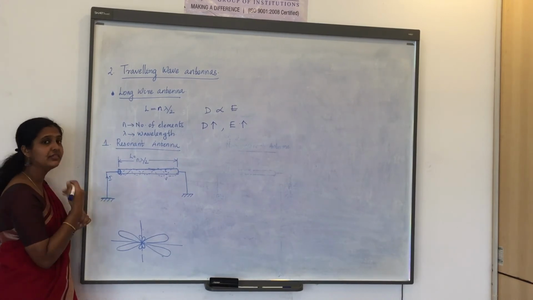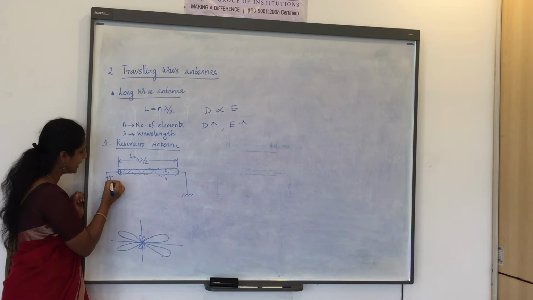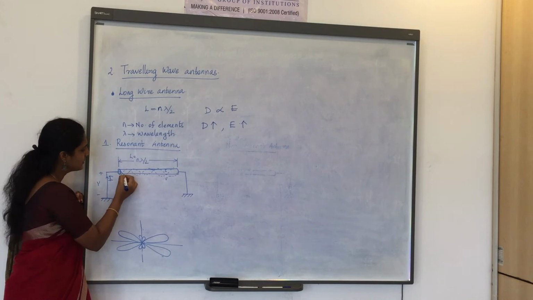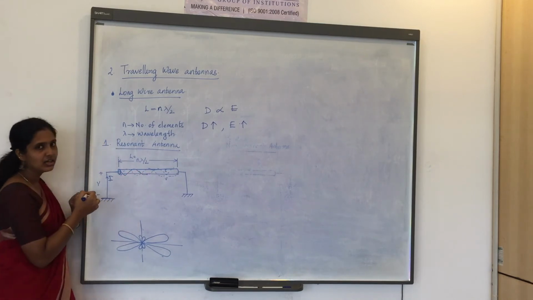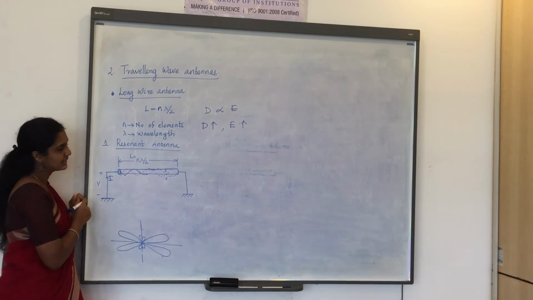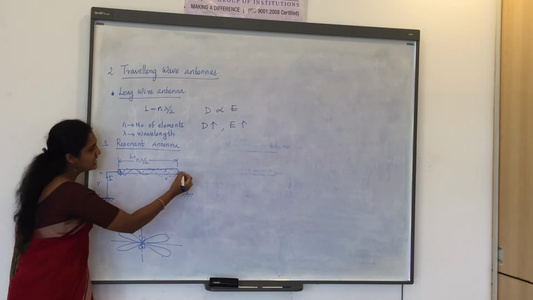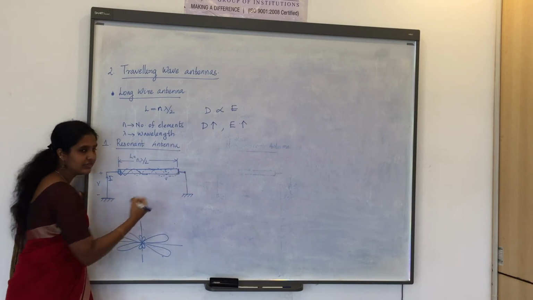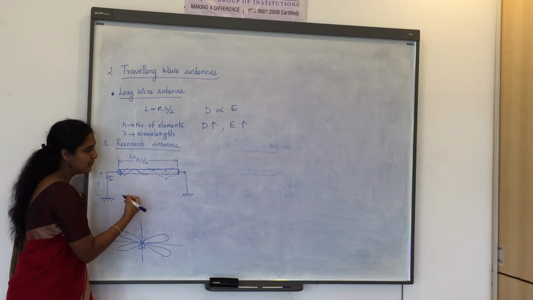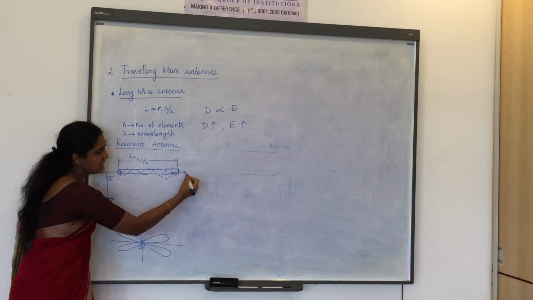Due to this open end, what will happen at this end? We provide a current and voltage here, but the voltage and current are not in phase; they are out of phase with each other. For any voltage wave or current wave incident at this output, there is an interconnection of wire and air, which means there is an impedance mismatch between the long wire and air.